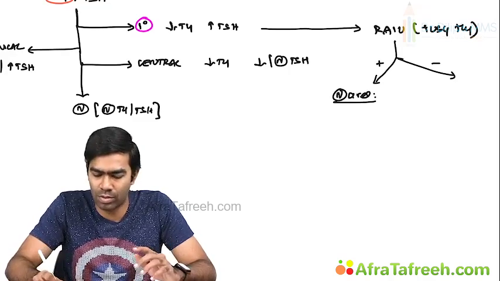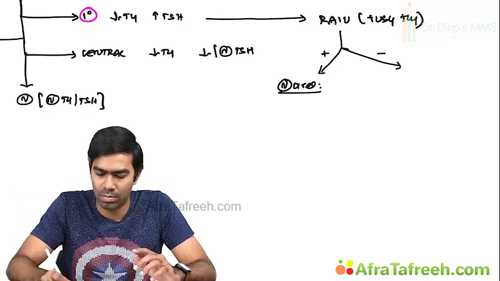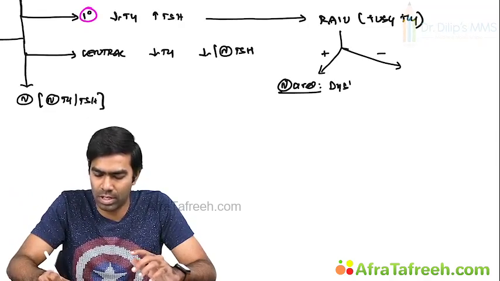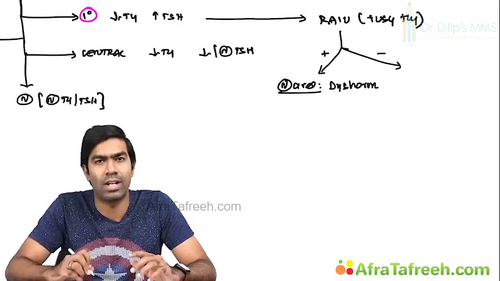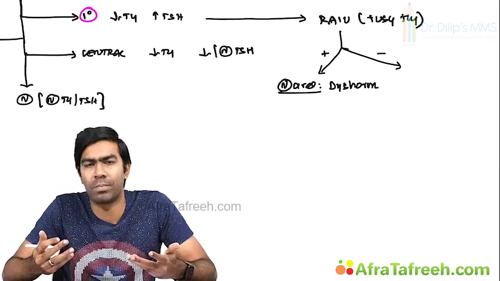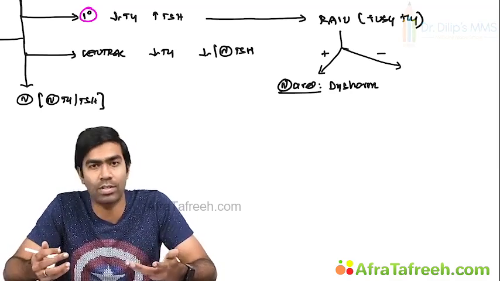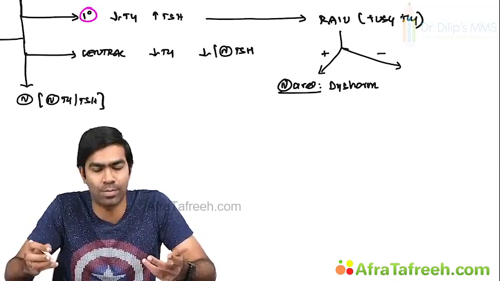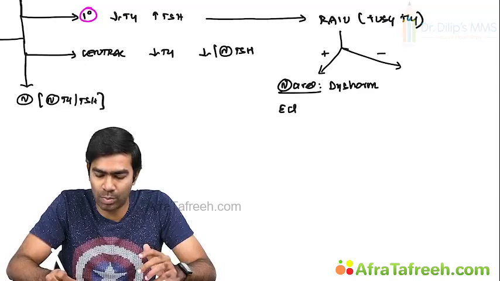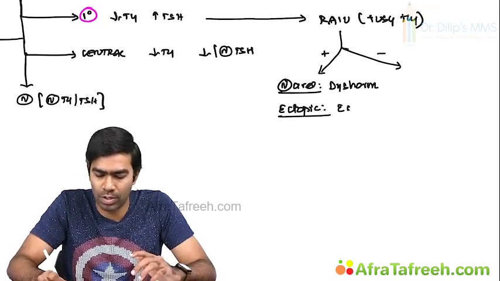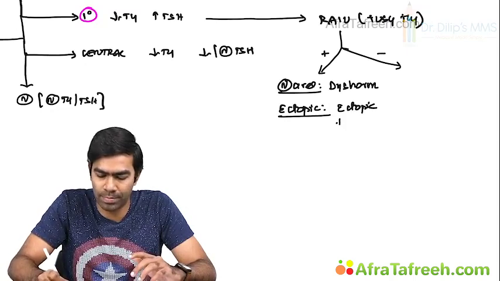There you will probably diagnose dyshormonogenesis, like Pendred syndrome, or it could be iodine deficiency. So we are going to suspect dyshormonogenesis. Suppose you see the uptake in an ectopic area, where the thyroid usually should not be. Then obviously we diagnose ectopic thyroid tissue. That's it.